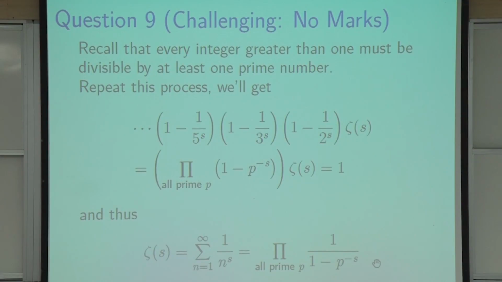So we repeat this kind of operation with all the prime numbers, and we know that every number other than 1 must be divisible by at least one prime number.